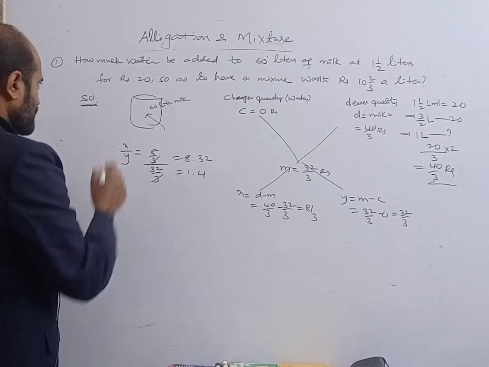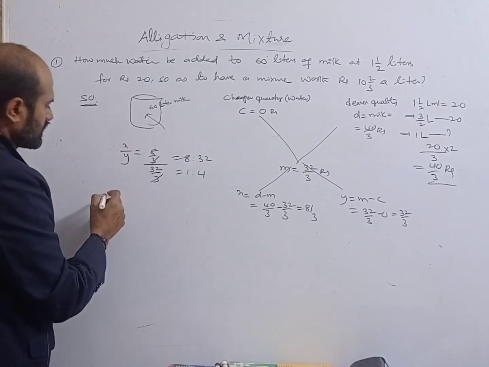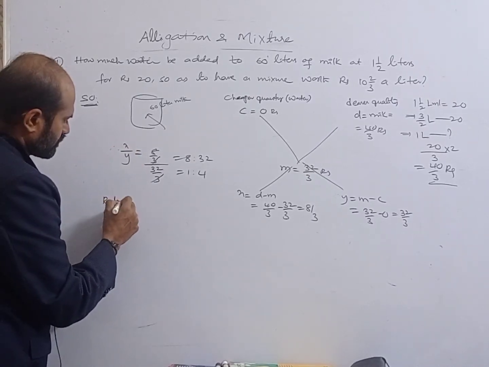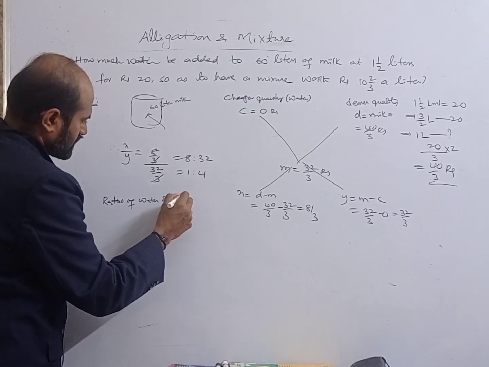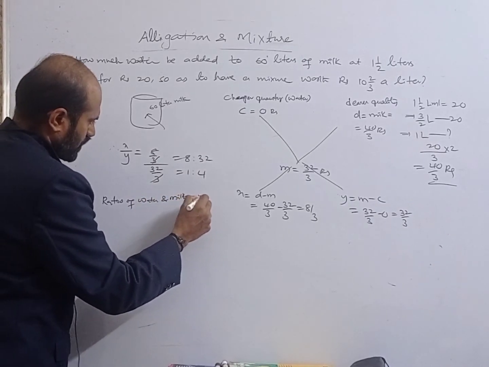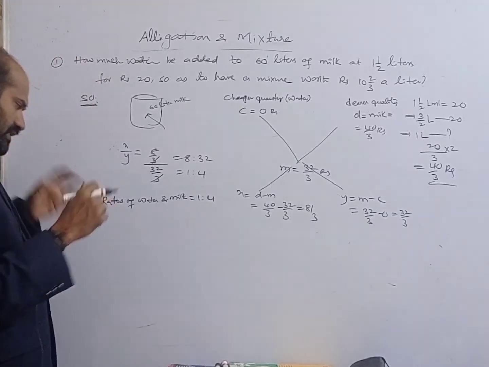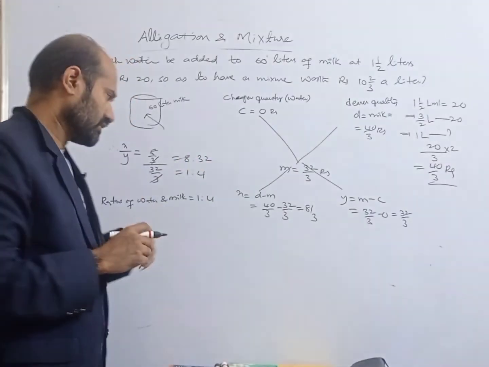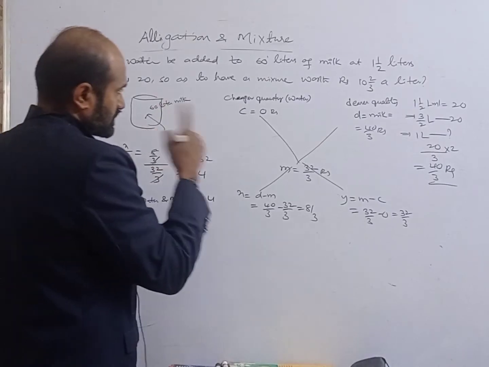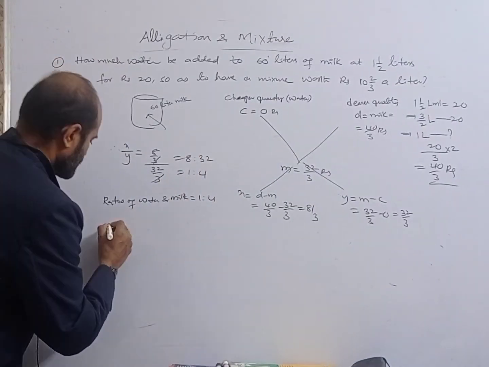It means x is water. The ratio of water and milk is 1 is to 4. So for 4 liters of milk we should add 1 liter of water. Now for 60 liters, how much water is needed?